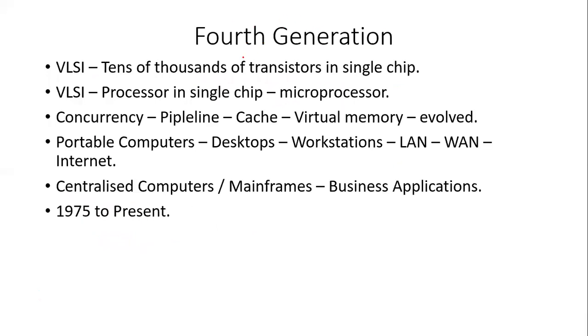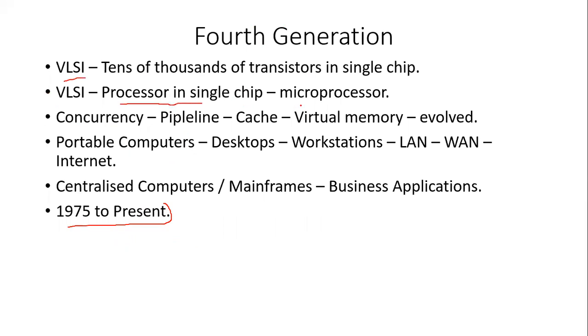Then the fourth generation, 1975 to present. Whatever computers have evolved, all come under the fourth generation. By this time, the concept of VLSI was introduced, which used tens of thousands of transistors in a single chip, and we are able to keep the processor in a single chip.